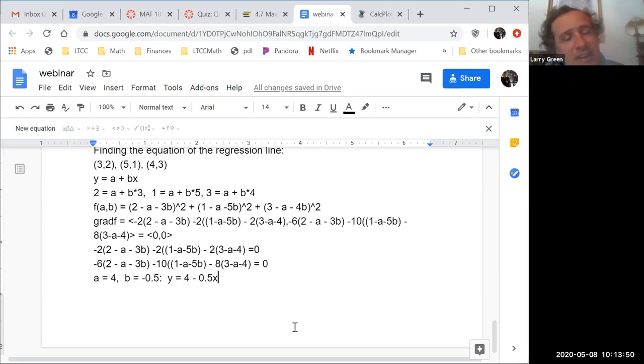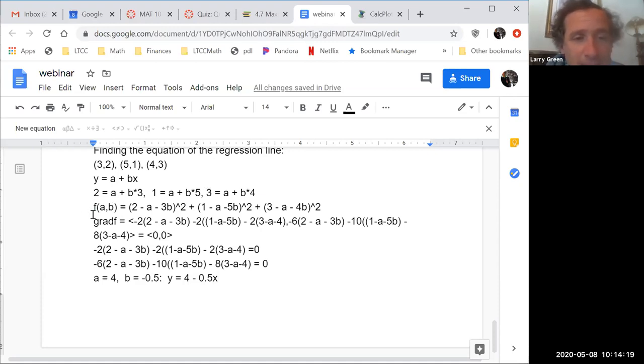I want to mention another thing. Let's suppose you had 100 points. And let's suppose that you didn't want a regression line. Maybe you wanted a regression 4th degree polynomial. Then it's actually very easy to extend this, but your f now is not going to come from a plus bx. It'll come from a plus bx plus cx squared plus dx cubed plus ex to the 4th. But you're going to do the same thing.